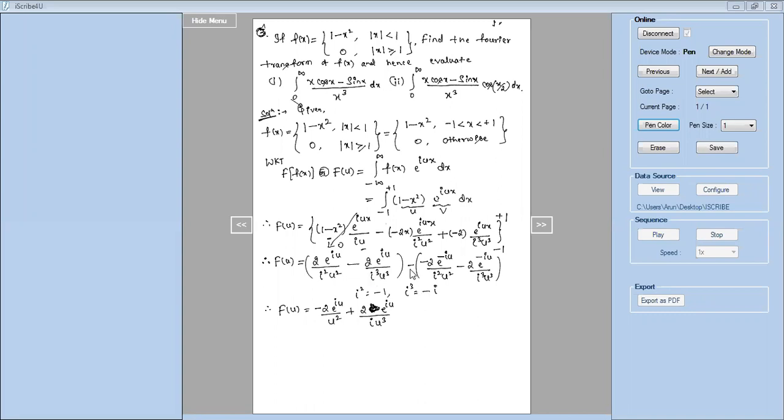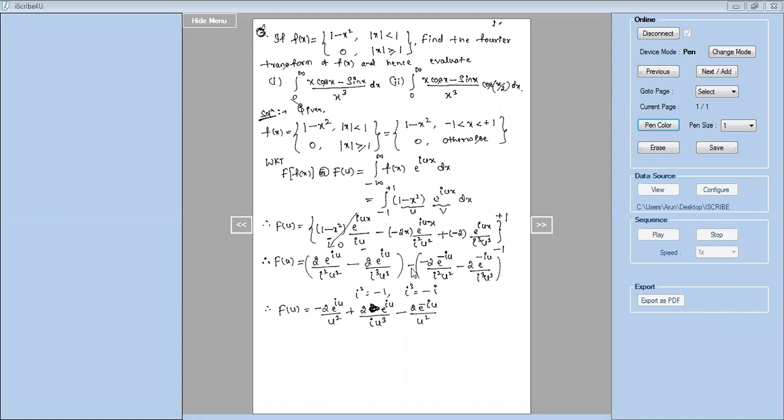And this is minus into minus plus. But since I square is there, you can put I square is minus 1 here. Minus minus gets cancelled. So I get minus this term, minus 2 e power minus I into u divided by u square.